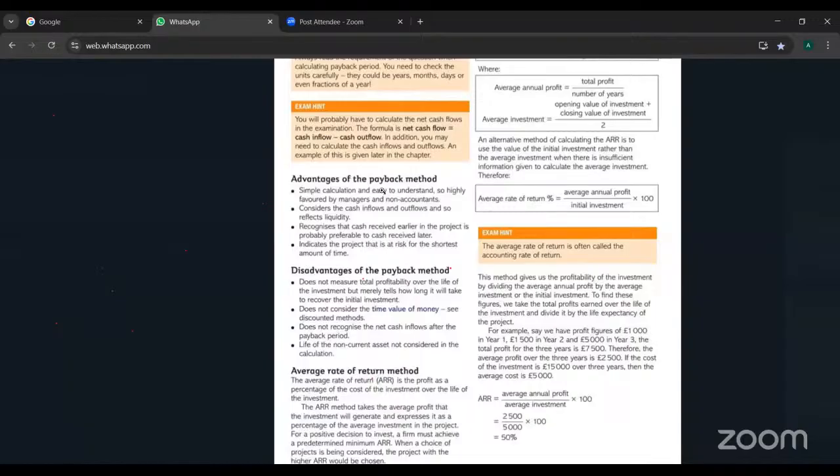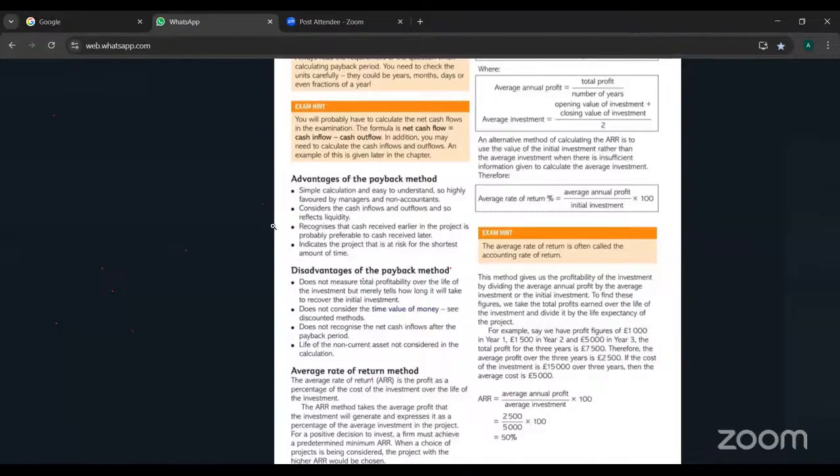So it reflects liquidity and it recognizes the cash received earlier in the project is probably preferable to cash received later, and it indicates the project that is at risk for the shortest amount of time, because payback period will help a company to understand the amount of time taken to cover their original cost of investment. So if they do that, it will be very easy for them. Okay, so it identifies the risk.